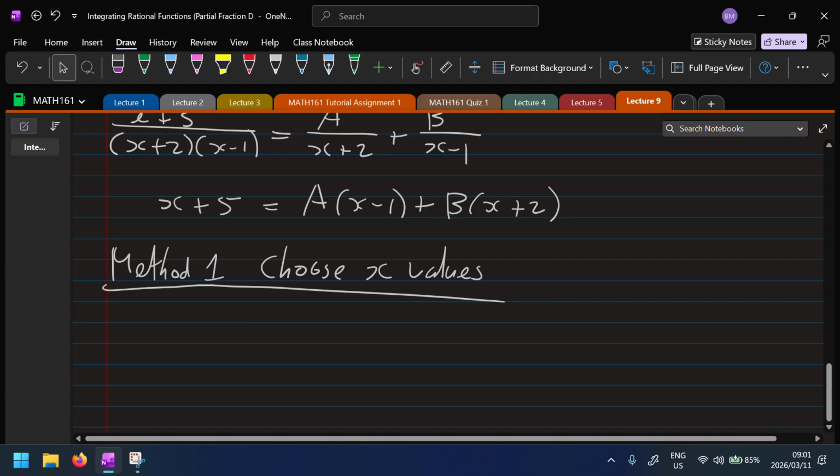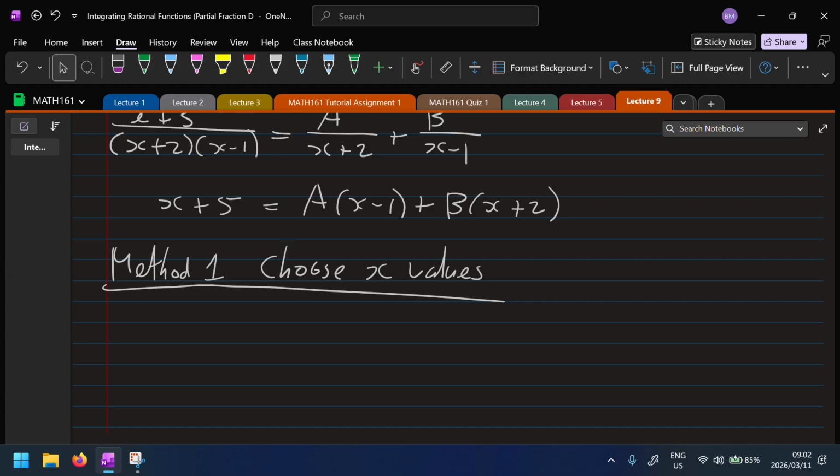Method 2 will be setting up a system of equations and you solve it like you do in the MATH161. It's that method. So in 132, it's not by itself. There's mixing, right? Stuff you do in 132, you do in 161.